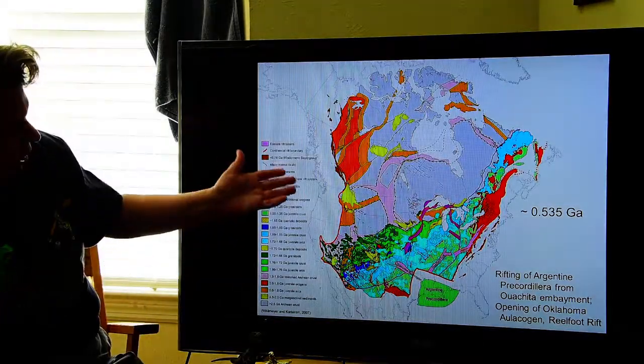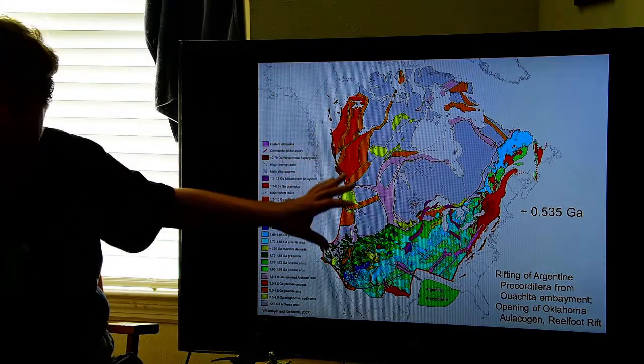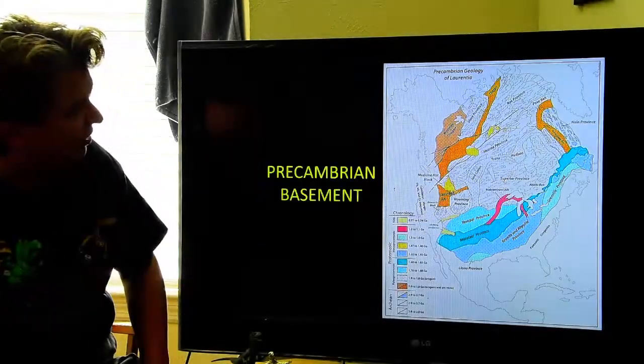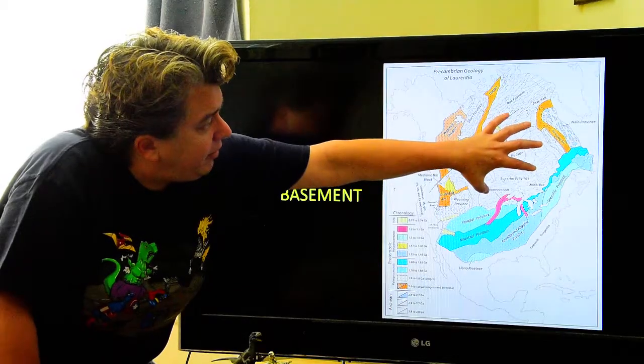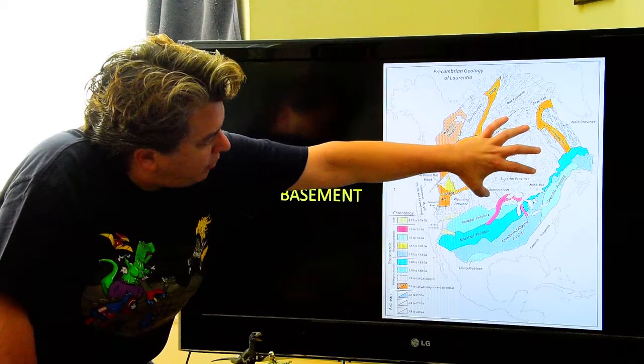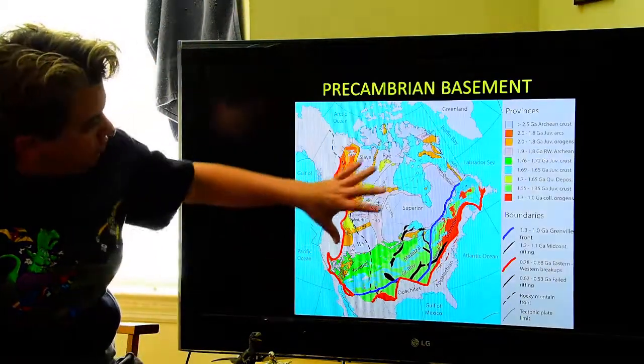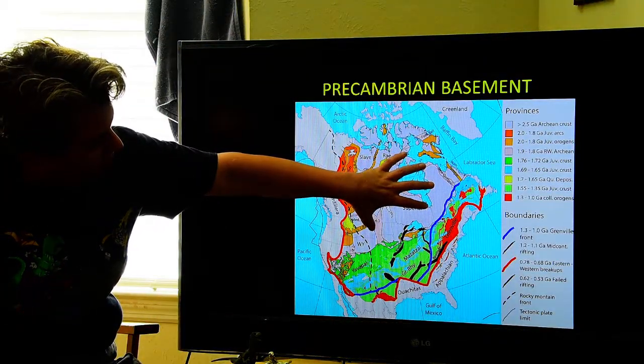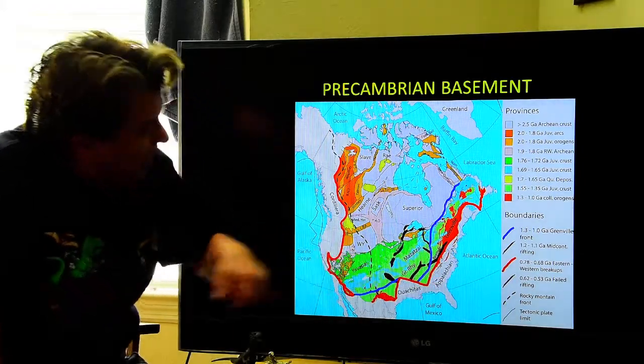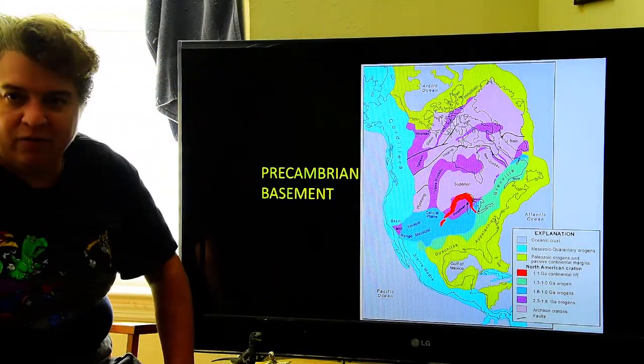And so I have a couple of maps. They all show the same thing, depends which one you like. Again, here's our Archean original continent, and there's some of the younger areas added. This shows the same thing, the old Archean here with younger added around the edges. They all show you that.